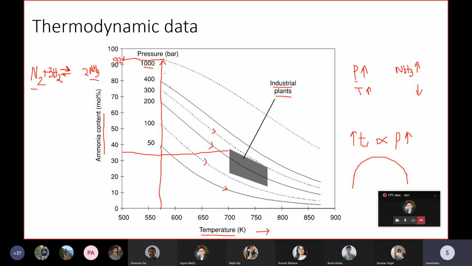It is very difficult both for safety reasons and for the fabrication of the reactor. That's why we operate at lower pressure. And why do they prefer high temperatures over low temperatures? That we will know from the kinetics.